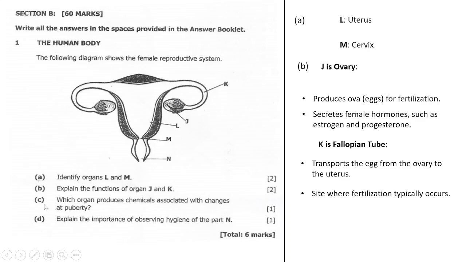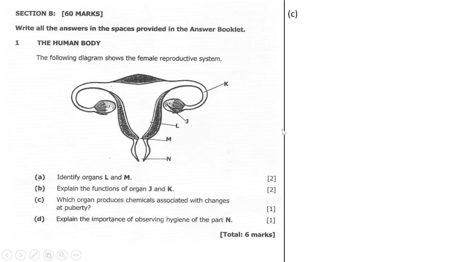Okay, then C, which organ produces chemicals associated with the changes at puberty. Okay, so from these organs we need to identify one which is associated with the chemicals or hormones that are responsible for changes at puberty. So here we'll say C, our organ is organ J, which is an ovary.